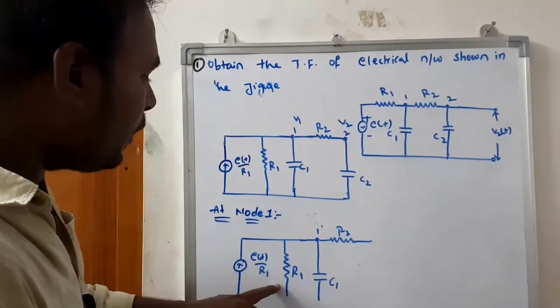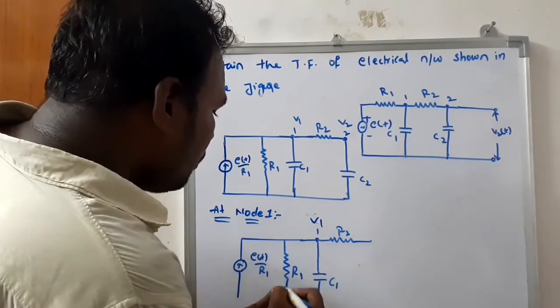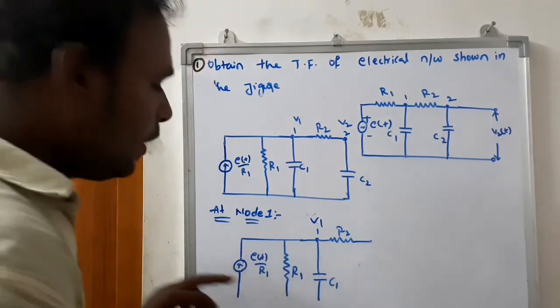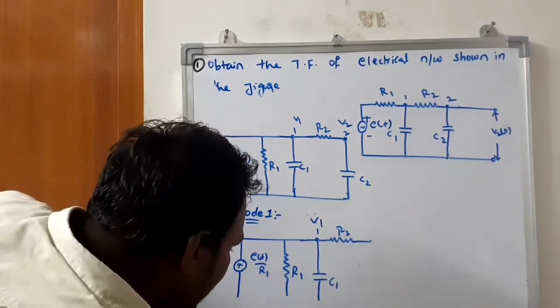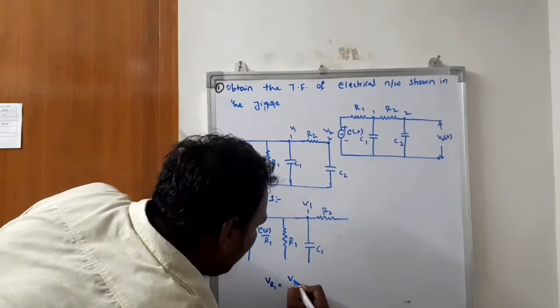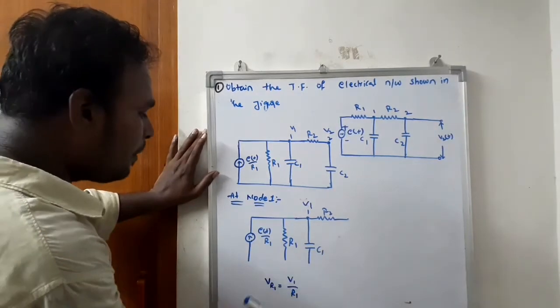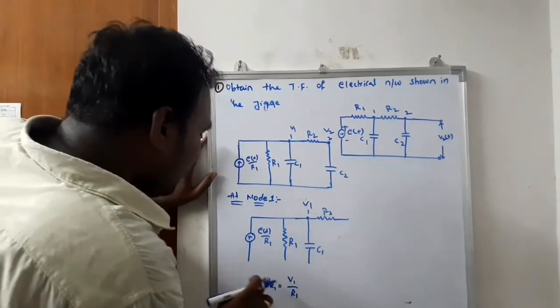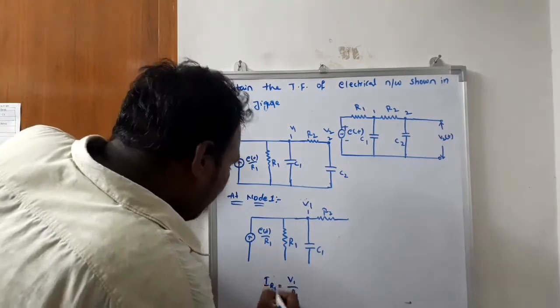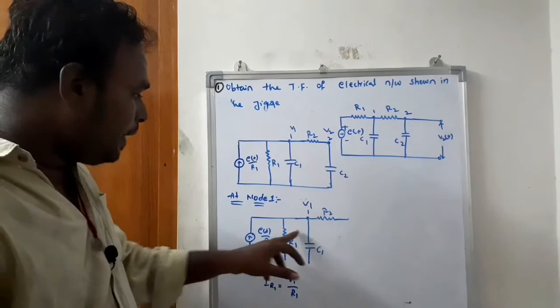What is the current flowing through R1? The voltage across this R1 is also V1, so the current I R1 through the resistor R1 is V1 by R1, since I equals V by R.